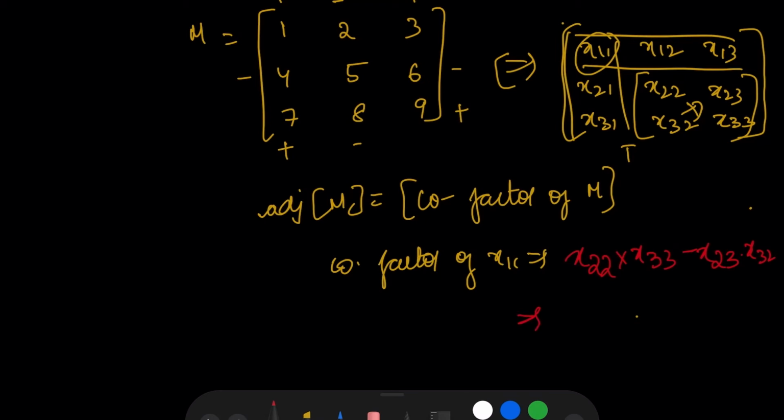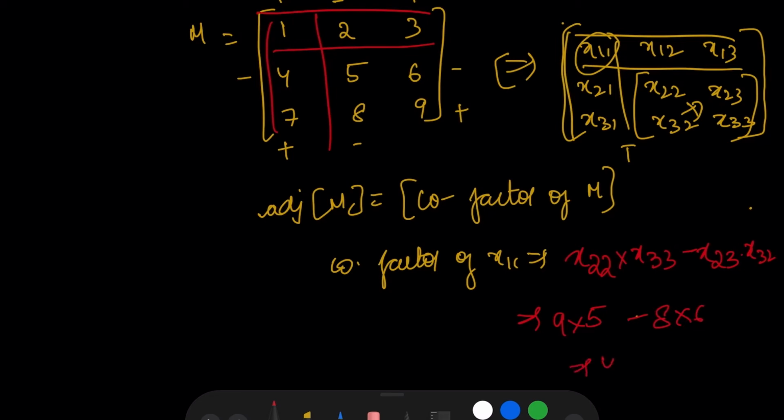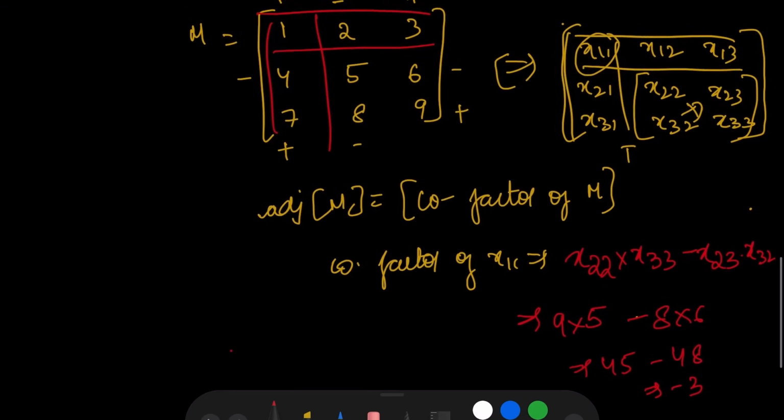So if you use it here for 1, we'll have to ignore the first row and the first column, and the cofactor matrix will be equal to 9 times 5 minus 8 times 6, that is equal to 45 minus 48, minus 3, right? So this is how you find the cofactor matrix.